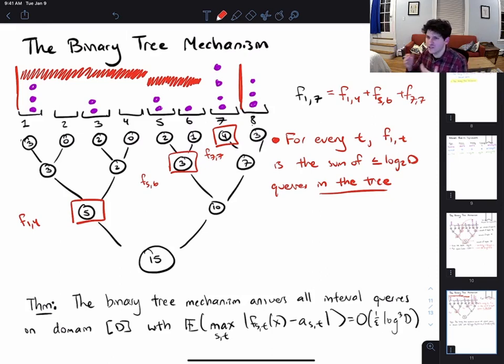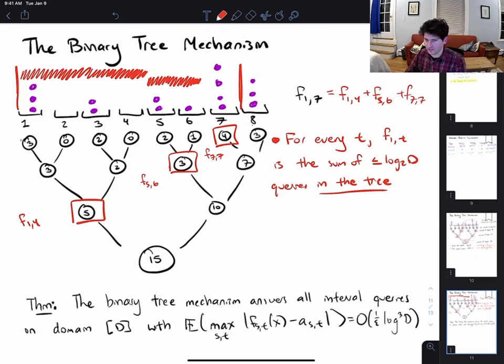All right, and there's a simple algorithm: if I ask for the interval f1 through t, there is a simple way of finding which intervals to sum up. In fact, it's just the greedy algorithm. So I ask, should I take the root? Is the root contained in the interval I want? No. So go to the next layer.